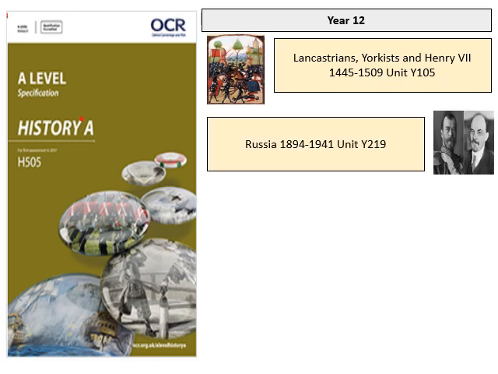Also in Year 12, you look at Russia, 1894 to 1941, Unit 219. Within this unit, you'll look at how the rulers of Russia have changed over these years, starting looking at Tsar Nicholas II and the problems he faced, and moving on to look at why there was a communist revolution in 1917 and what it was like to live under the rule of Lenin, and then focus on why Stalin was able to rise up as dictator and what it was like to live in Stalinist Russia.